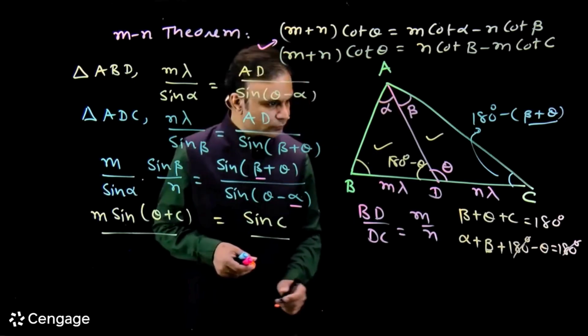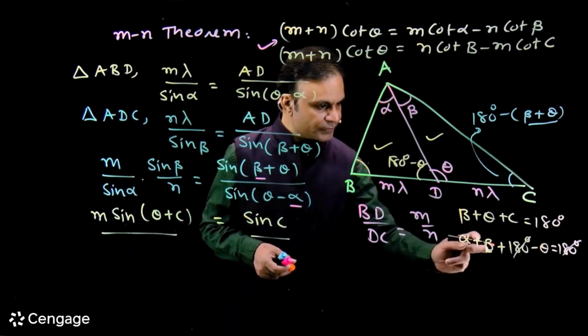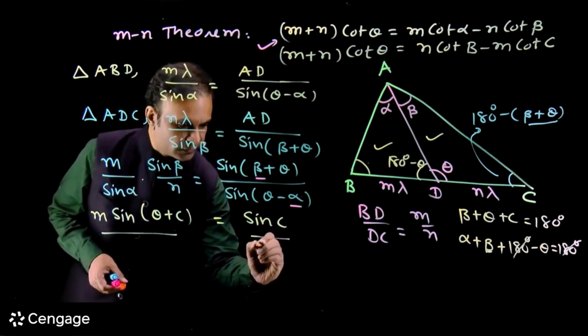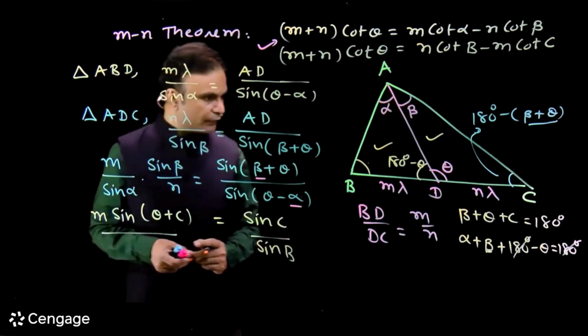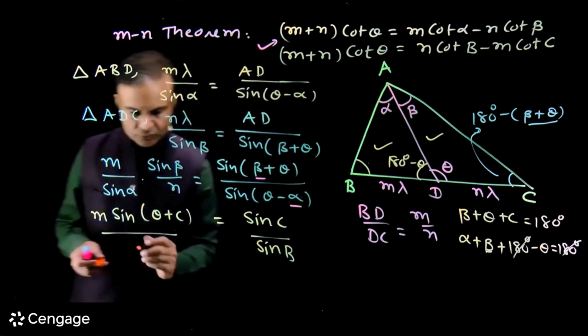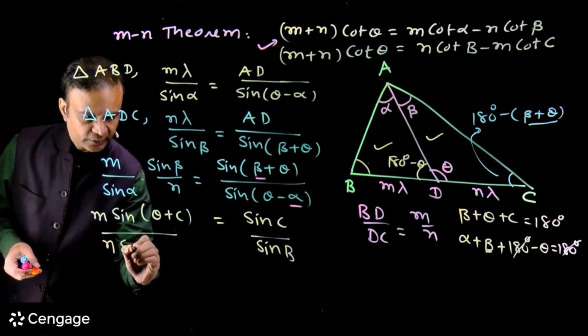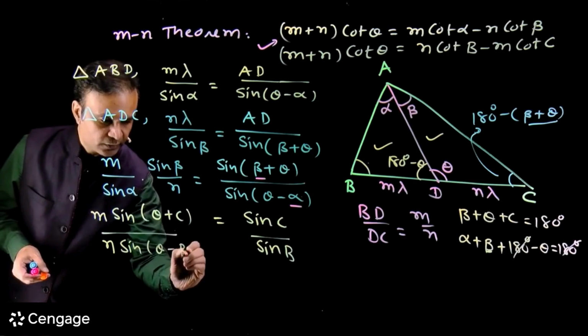So theta minus alpha is angle B, so we have sine B in the denominator. And angle alpha is theta minus B, so we have n multiplied by sine of theta minus B.